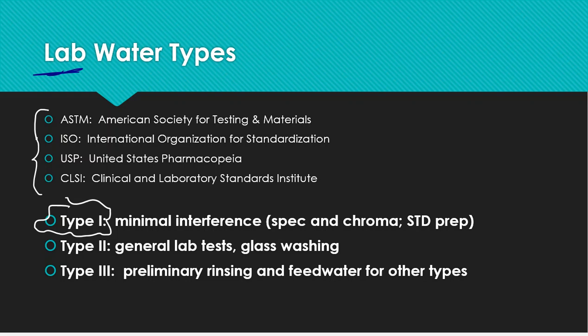So I don't want any type of contamination, because that contamination can actually show up in some of our more sophisticated laboratory testing types that we do, particularly with spectroscopy and chromatography, because these instruments are very, very sensitive, and they can go very, very low as far as concentrations go.